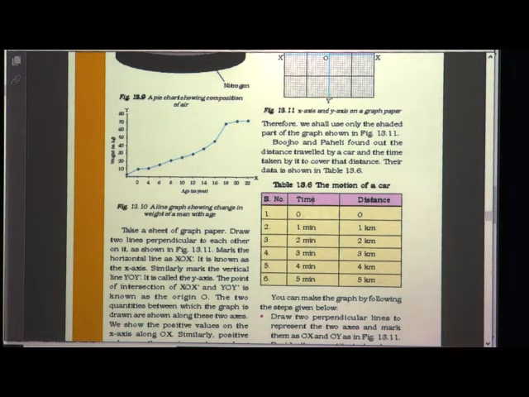So, from that vehicle you have to make another table 13.6 which is showing a non-uniform motion, or which is not showing a constant speed, and after that you have to draw a line graph there. So, whatever graph you see, it will look like this. Okay, it will not show a straight line.